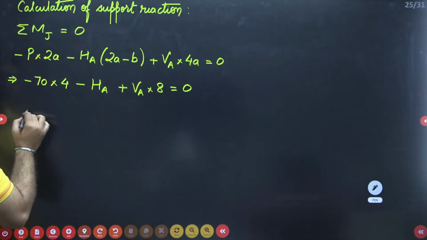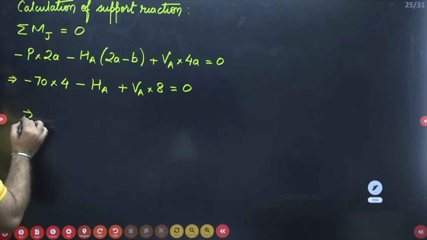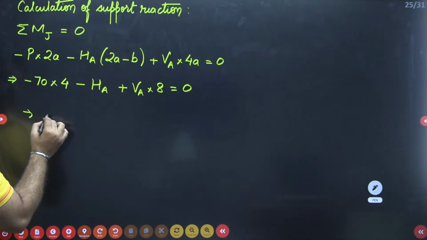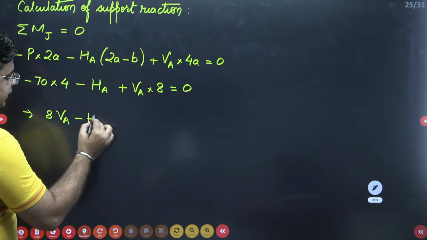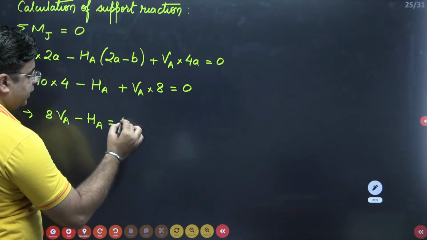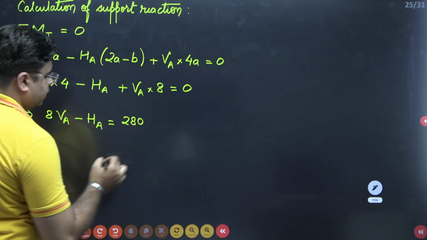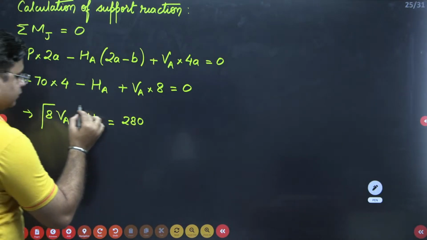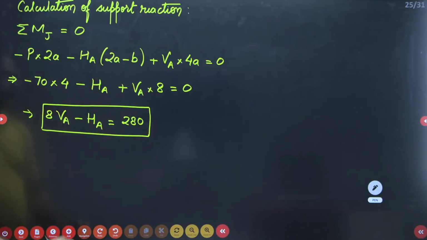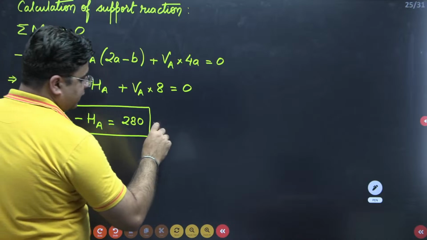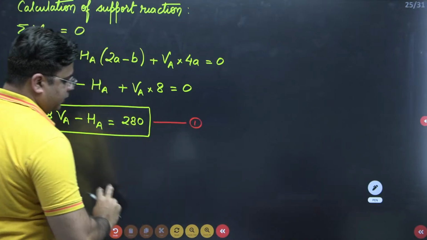So from here I have one expression which says 8 VA minus HA should be equal to 280. This is my first expression. I'll just name it as equation number 1.